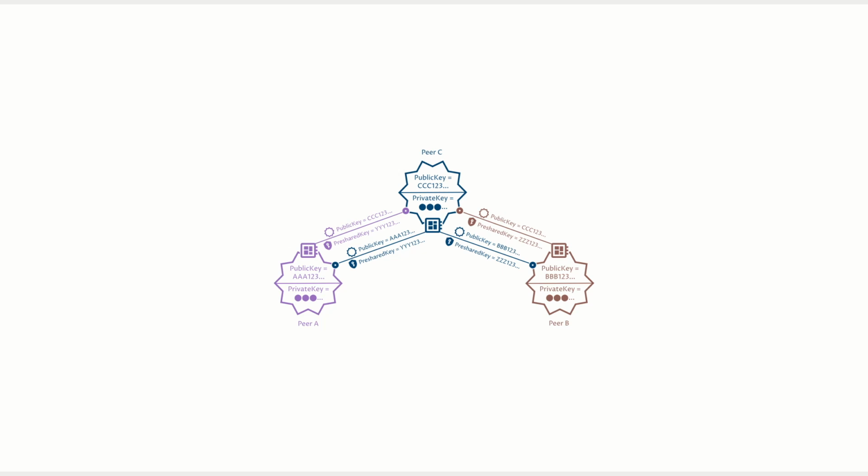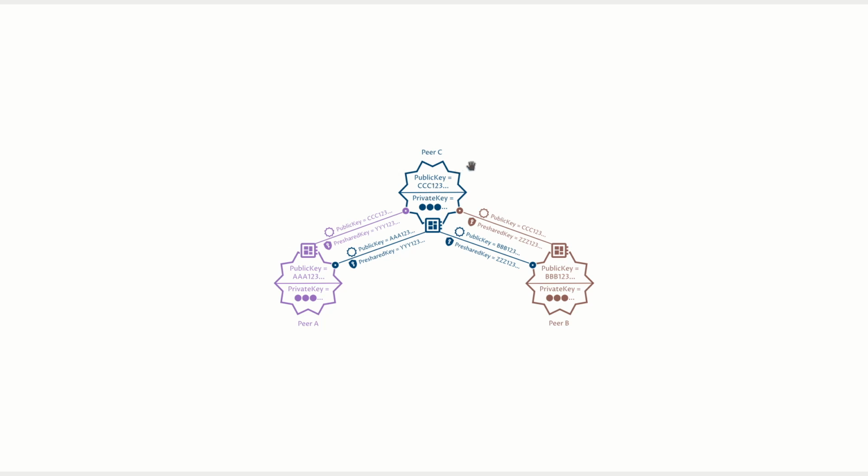Now let's walk through the process conceptually. First, let's rotate the key pair used by peer C in this diagram, and then we'll rotate the pre-shared key used by the connection between peer A and peer C. So if we rotate peer C, which originally had this old key pair, the public key was CCC123 blah blah blah.